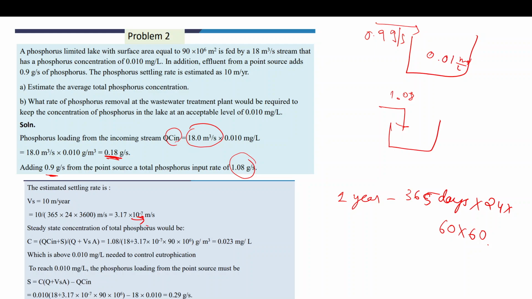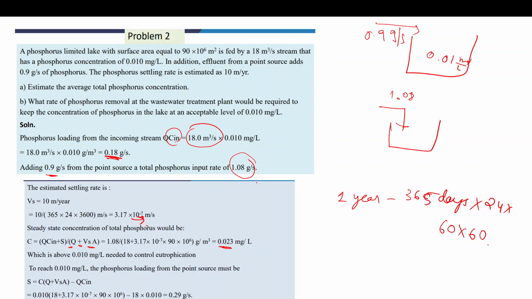Now to find out the concentration which is remaining, the total addition rate will be divided by the accumulation. For that it is nothing but Q plus vs into A, and so the concentration in the lake, which is the remaining concentration, is nothing but 0.023 milligram per liter.